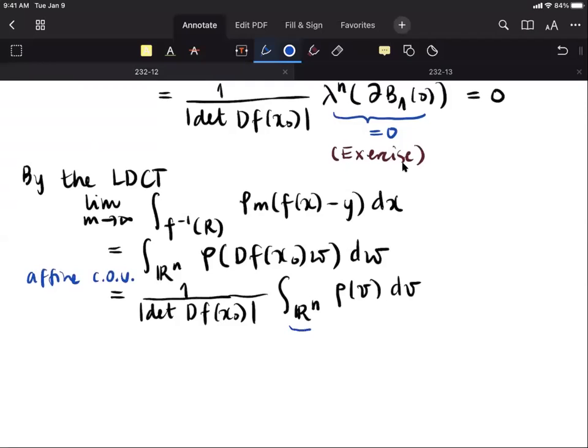So simplifying, this is equal to 1, by the definition of rho, and x naught here is equal to, as we said, f inverse of y.